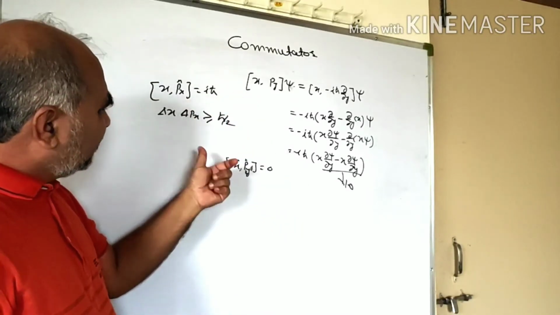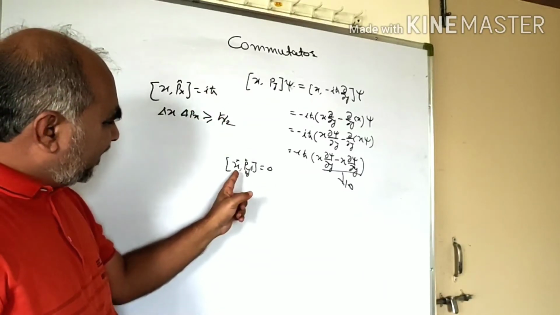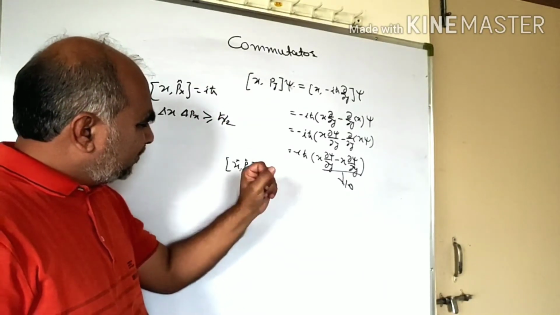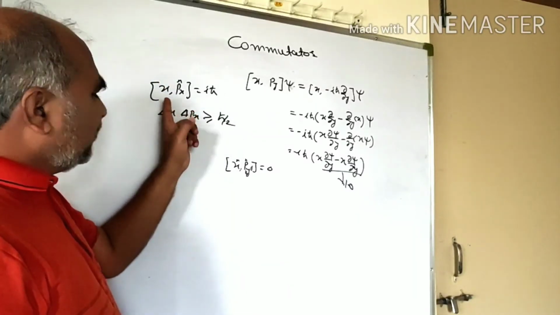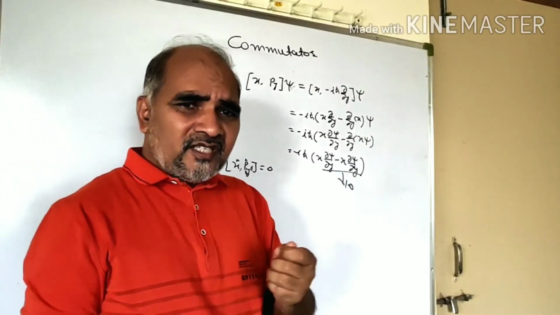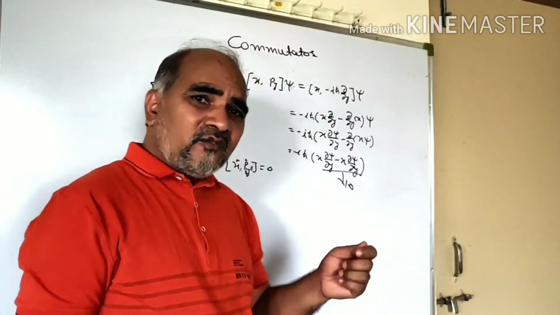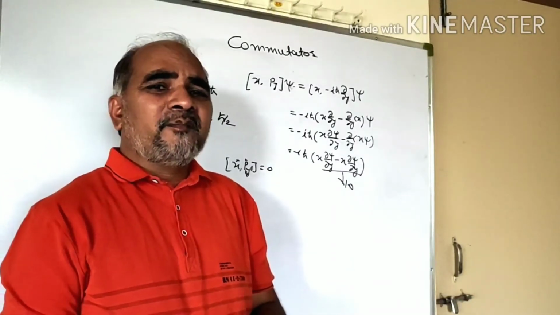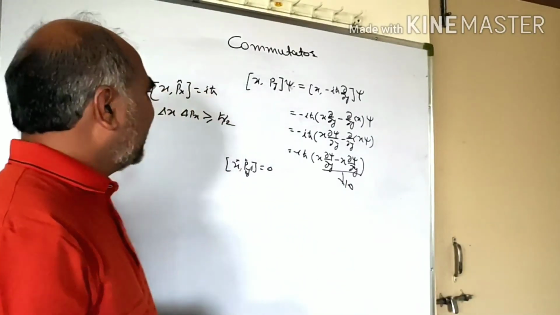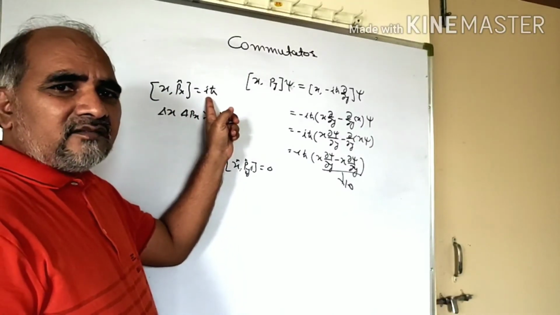Now, what is the meaning of [x, px] equal to iℏ and [x, py] equal to 0? It means when we are measuring the position accurately along the x-axis, then we cannot make a simultaneous measurement of px, and therefore it is equal to iℏ.